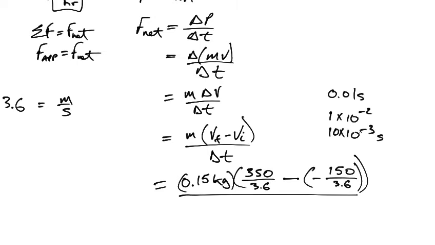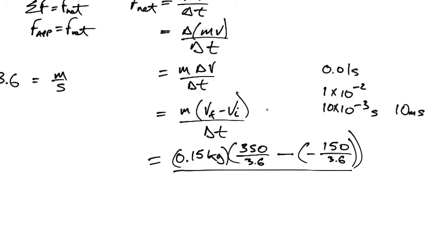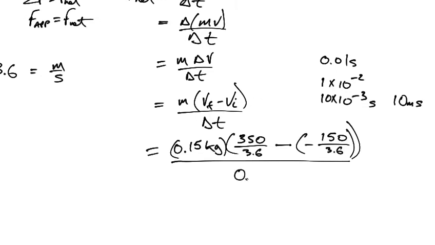And another way of expressing that would be about 10 milliseconds. So that's pretty close, I would imagine, to how long a baseball would be in contact. So we'll put that number down here. And now we just have to work it out.